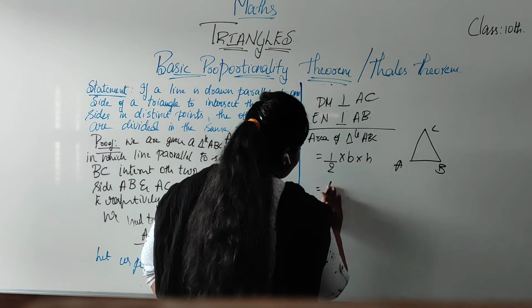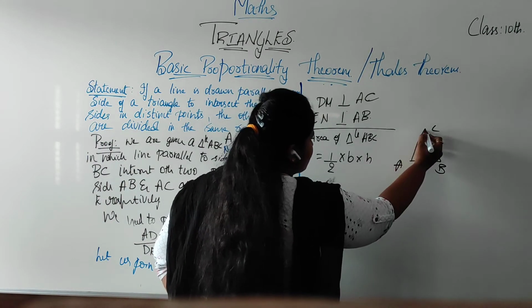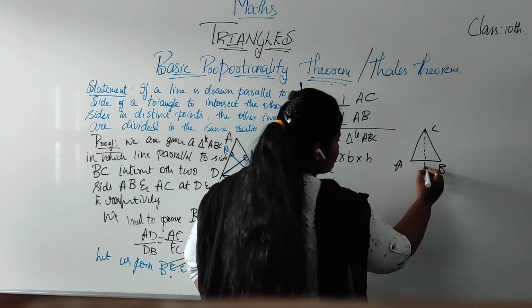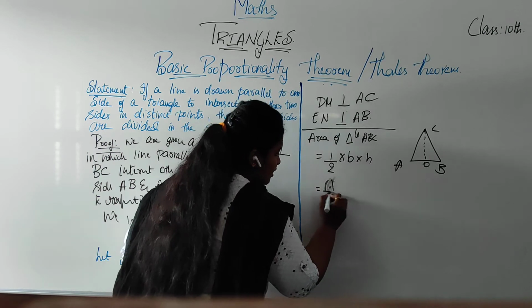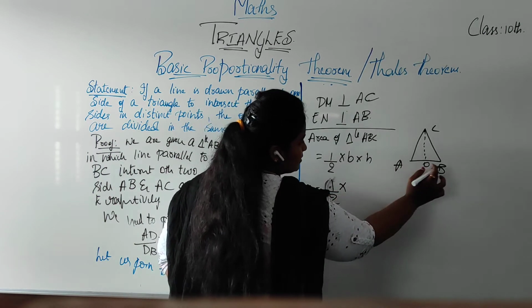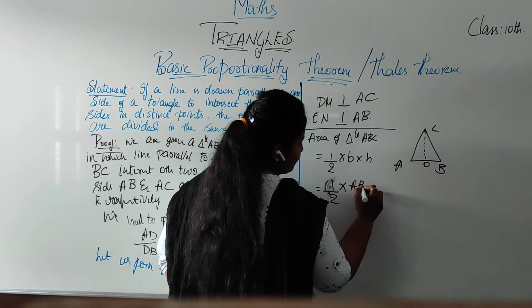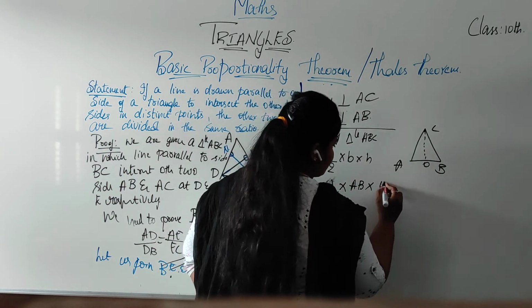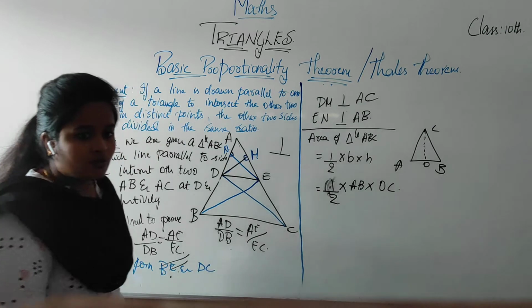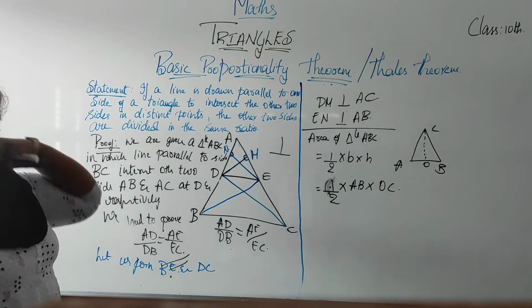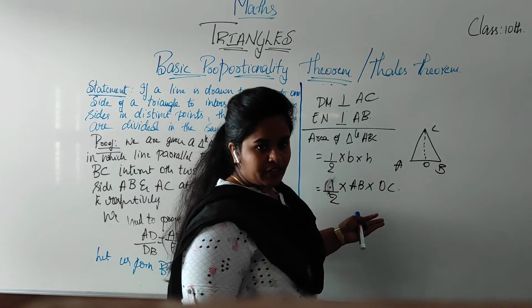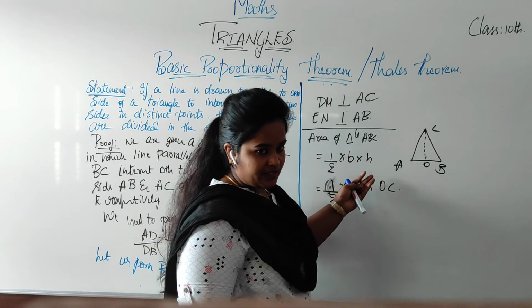Here I draw one more perpendicular line to AB and mark this point as O. So the base is AB and the height is OC. We need to find the value of H.